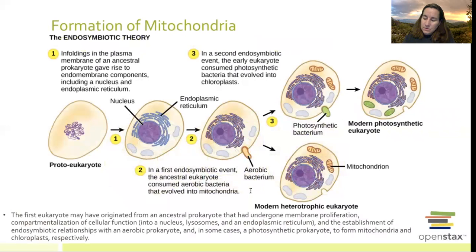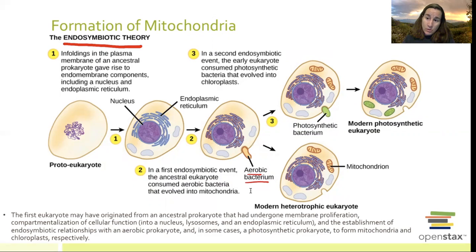This is the endosymbiotic theory, where we believe that mitochondria, which are our powerhouses, that help us with our aerobic respiration, were originally aerobic bacteria, so they were going to use oxygen as part of their metabolism to do the things that they needed to do, to make proteins and do all the things that a cell needs to do.